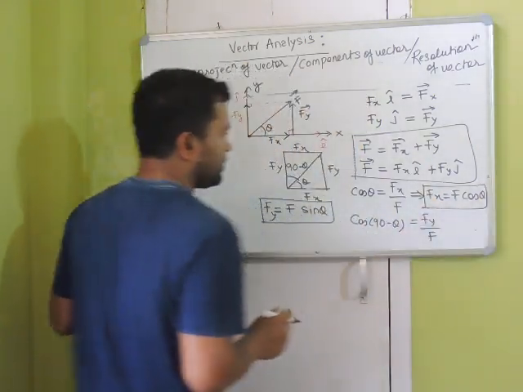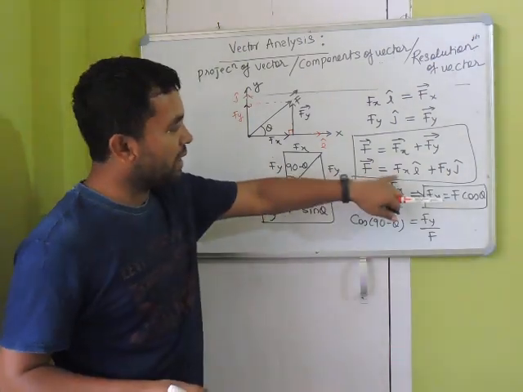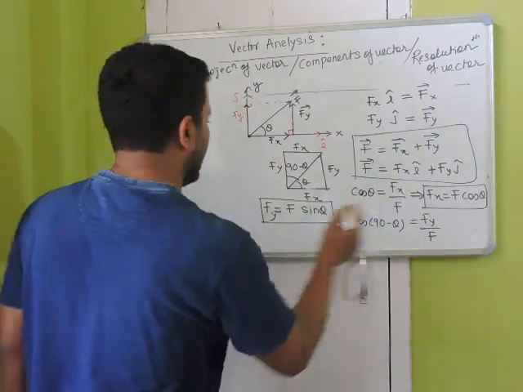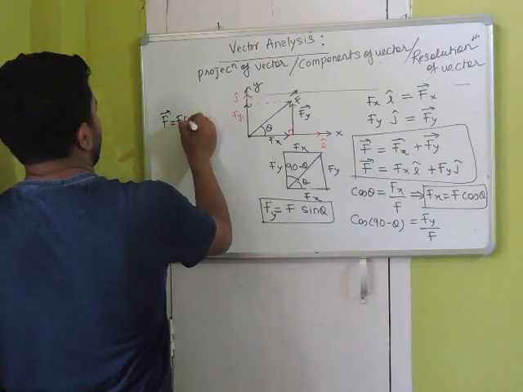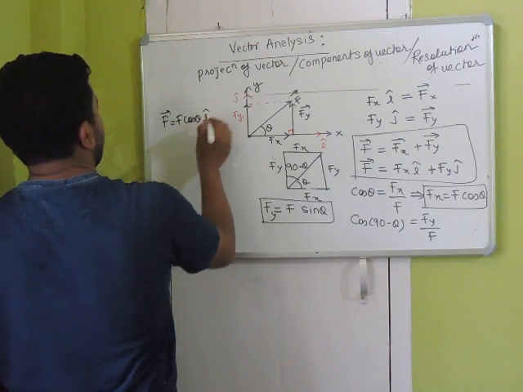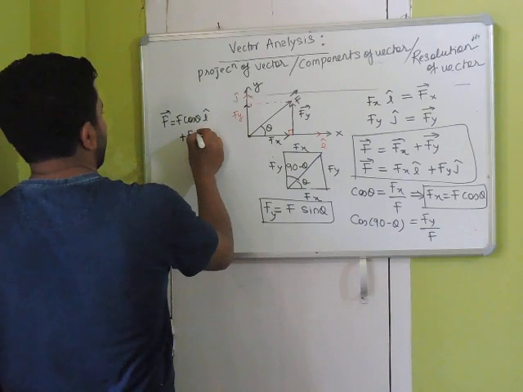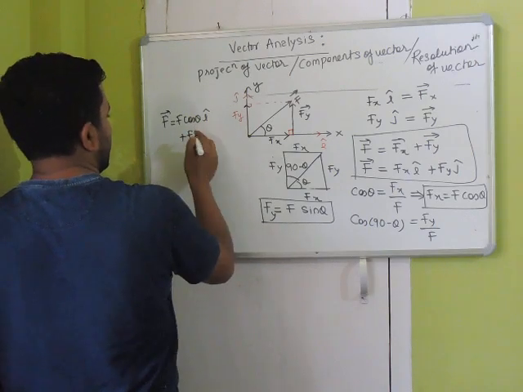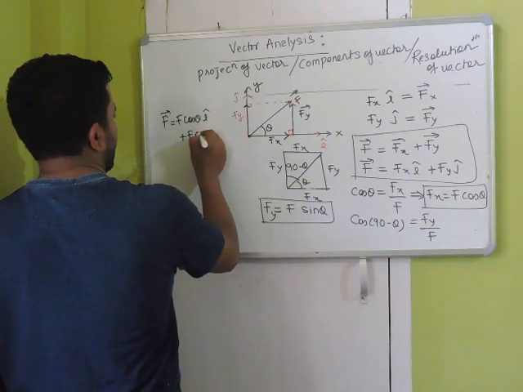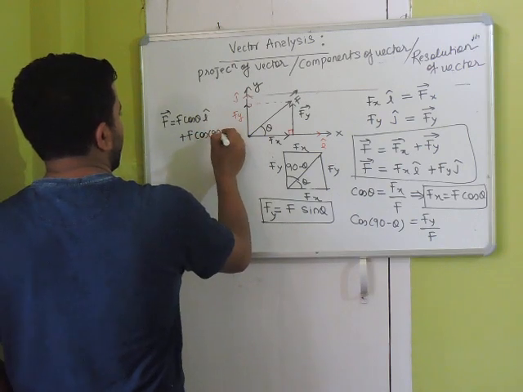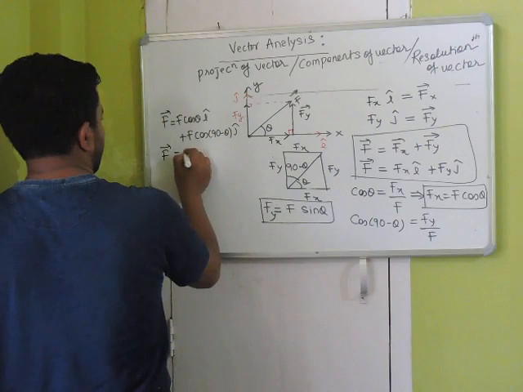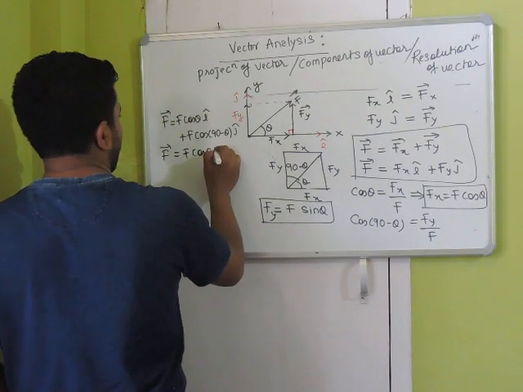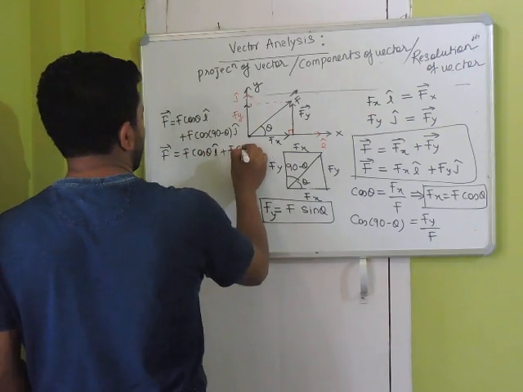Now the same thing, F vector, can now be written as F cos theta i cap plus F cos 90 minus theta j cap, which is the same as F cos theta i cap plus F sine theta j cap.